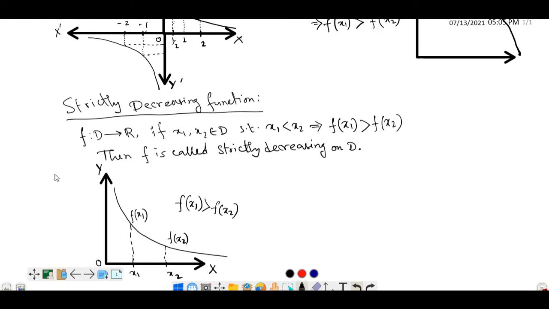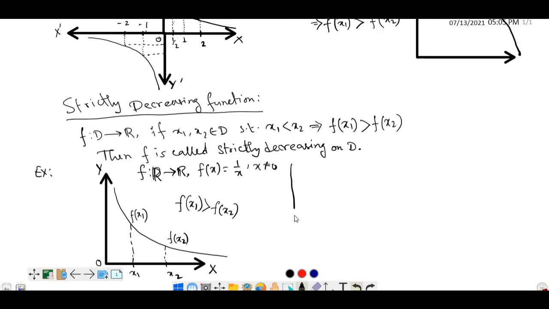So it is an example of a strictly decreasing function, f from R to R, f of x equal to 1 by x, x not equal to 0.